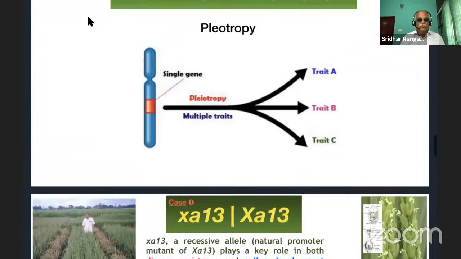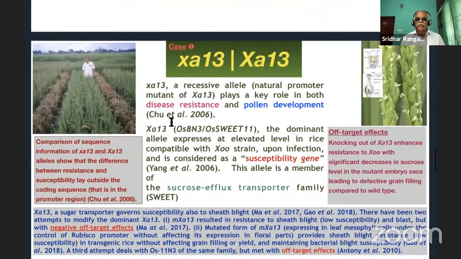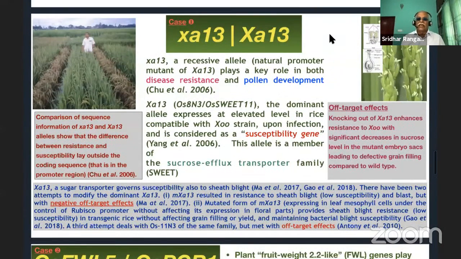The first example I would take is xa13. This was also mentioned by Dr. A.K. Singh, who has used xa13 in his gene combinations. We have also used it in Basmati. Very impressive. This recessive xa13 governs resistance to bacterial leaf blight.